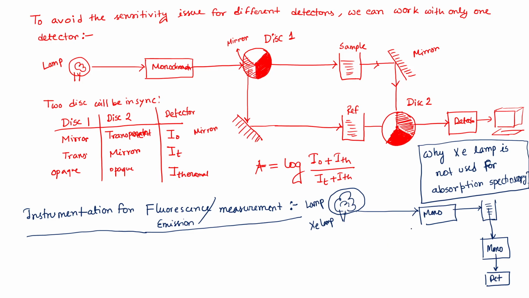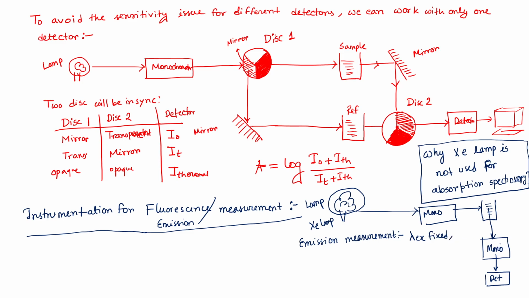Generally what we do is excite our sample with some lambda excitation, and then your emission will again be polychromatic, right? It has a band with multiple wavelengths inside it. So during your emission measurement, your lambda excitation is fixed.